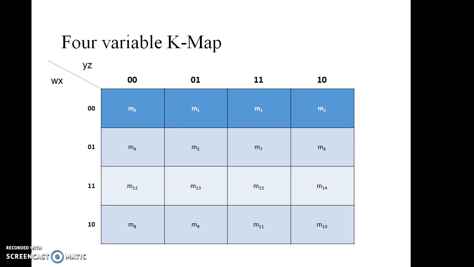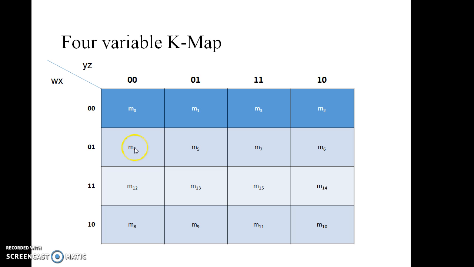Next one, the 4 variable kmap. A 4 variable kmap consists of 16 cells. The minterms are m0, m1, then m2 and then m3. Because there is only one bit or one variable change from one adjacent cell to another adjacent cell, we have to write it as 0, 0, 1. Then we change the variables as 1, 1.